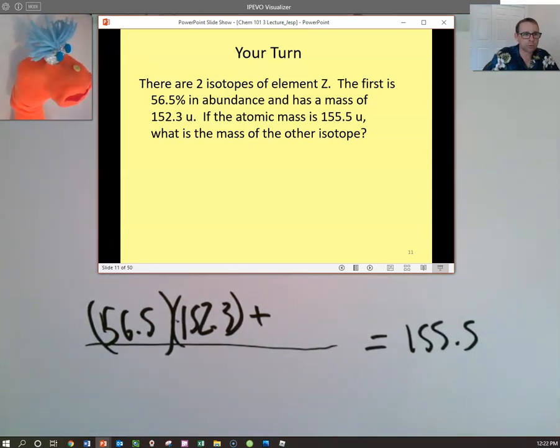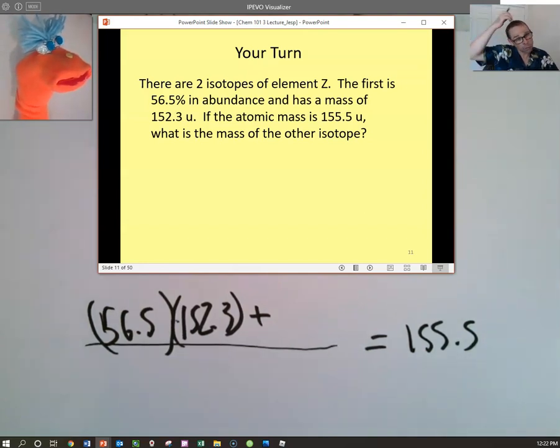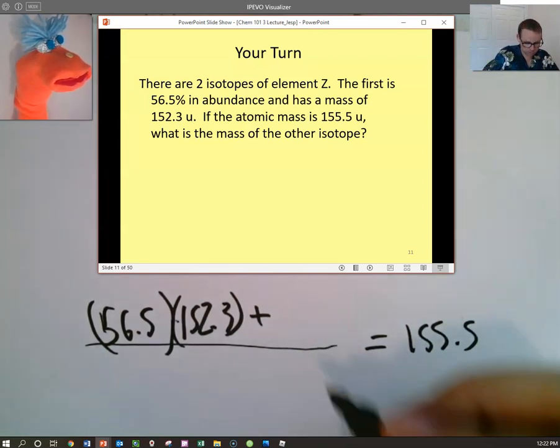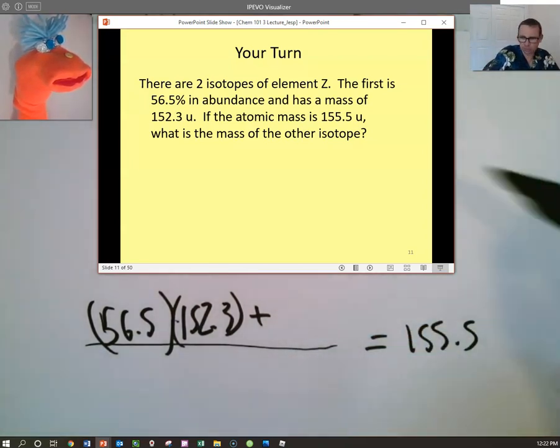It says 56.5%, so it doesn't give the percentage of the other one, but it only says there's two. So therefore, it's got to be a sum of 100%, right? So let's see, 100 minus 56.5, right? All right, is that 43.5? Is that right? Let's see.